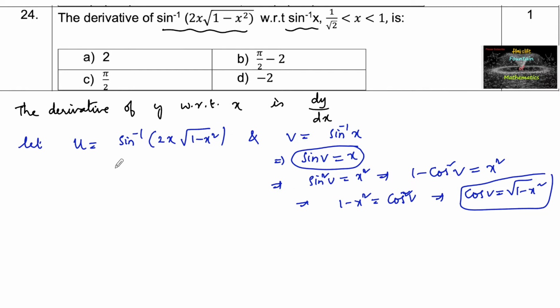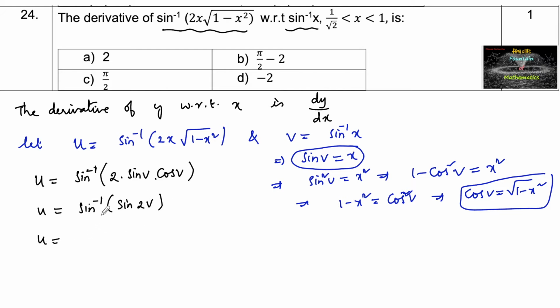So our first function u is equal to sin inverse of 2 into x, which is sin v, and root over 1 minus x square is cos v. So it is in the form of 2 sin theta cos theta. Since sin 2 theta is equal to 2 sin theta cos theta, we can write sin 2v.